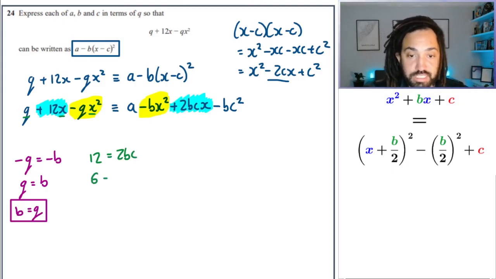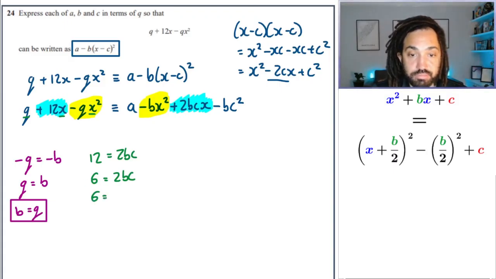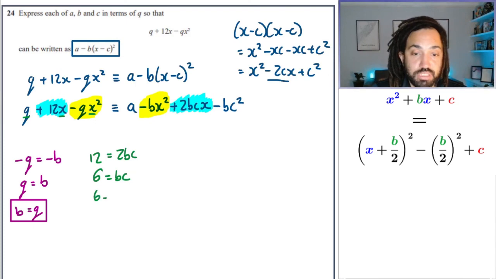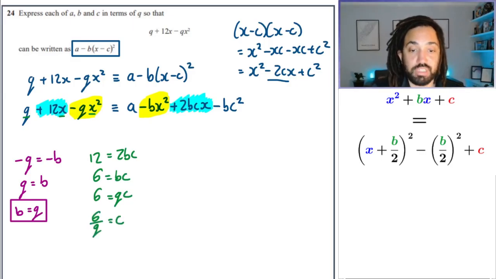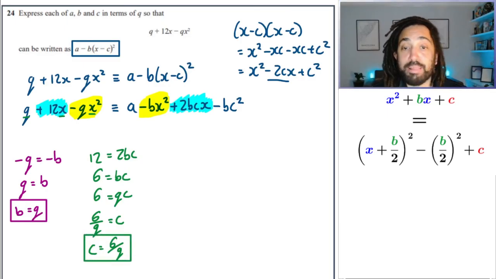So 6 is equal to bc. We know b is q. We divided by 2 on both sides. So 6 is equal to qc, which means that 6 over q is equal to c. So c is equal to 6 over q, and there we go, we've got what c is in terms of q.